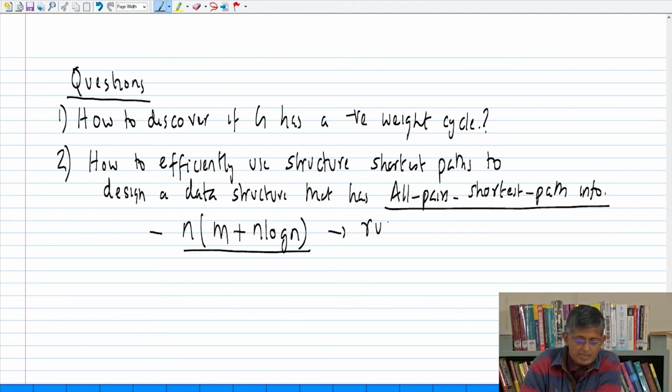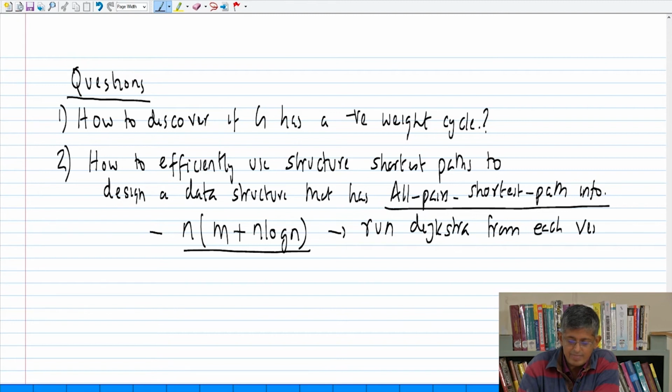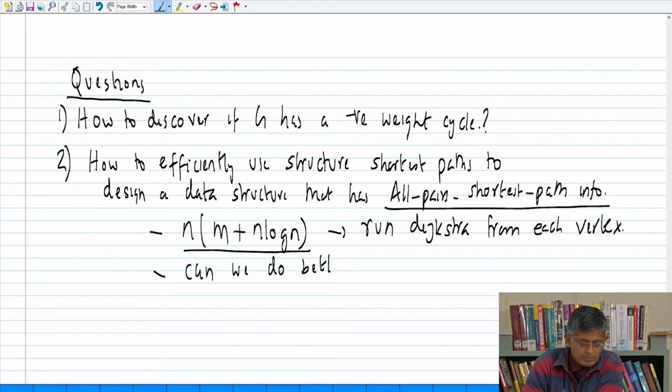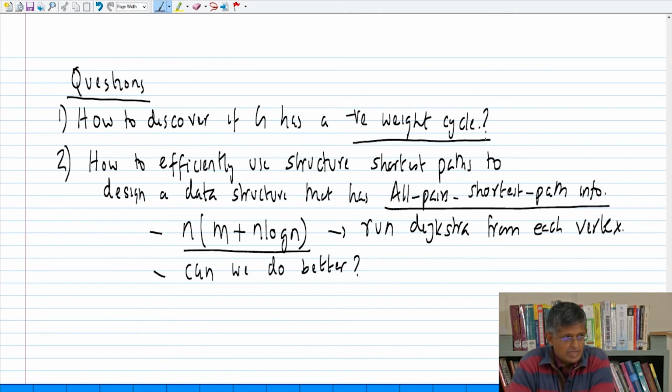Run Dijkstra from each vertex and keep distance estimates. So can we do better? Observe that checking if there is a negative weight cycle is closely connected to yesterday's tutorial question of finding the shortest cycle.